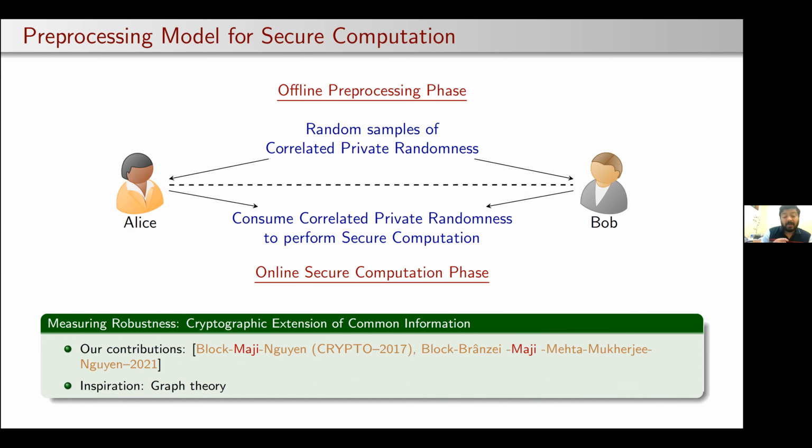In particular, one can wonder what is the most robust pre-processing phase. In other words, can we measure the robustness of a pre-processing phase to adversarial attacks? In one of our previous works, which I presented last year at this venue, we discussed one such measure, which is an extension of common information to the cryptographic context.